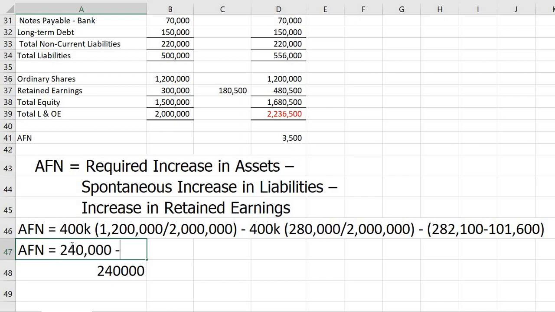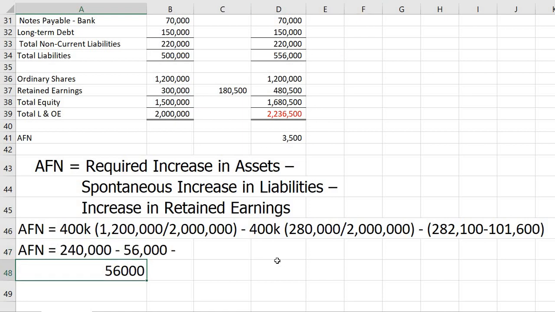Then we deduct the spontaneous increase in liabilities. Computing that, it is 400,000 multiplied by 280,000 divided by 2 million. The amount is 56,000. So there is a spontaneous increase in your liabilities in the amount of 56,000.